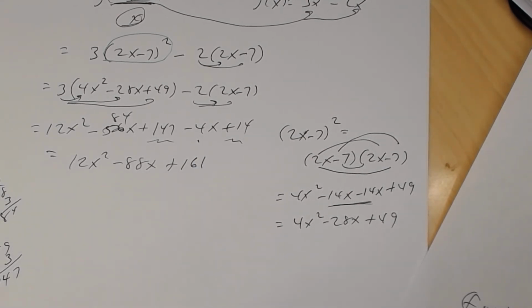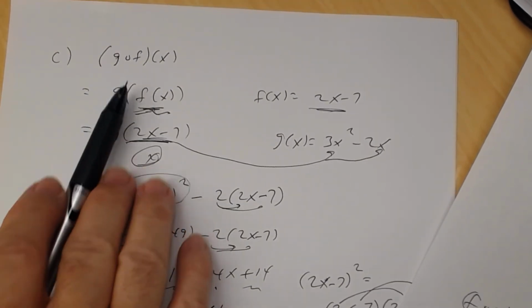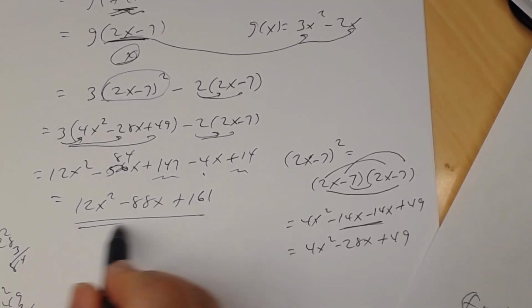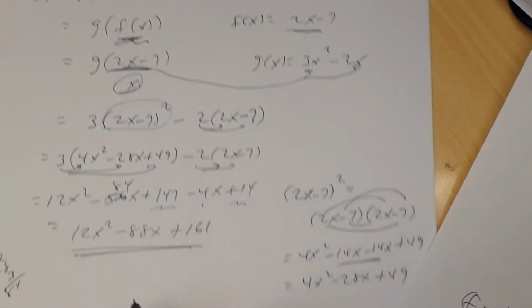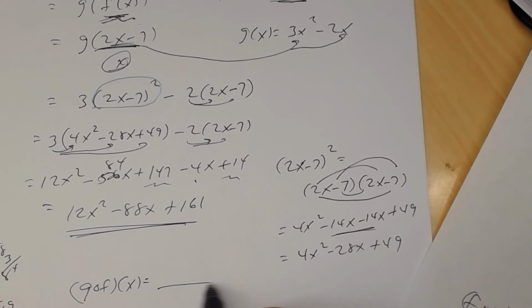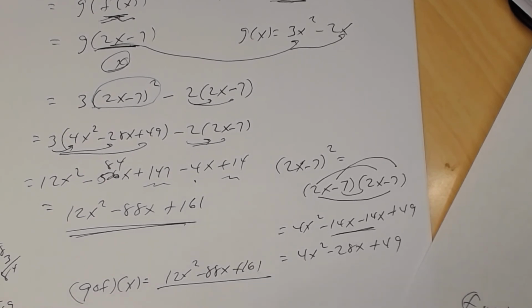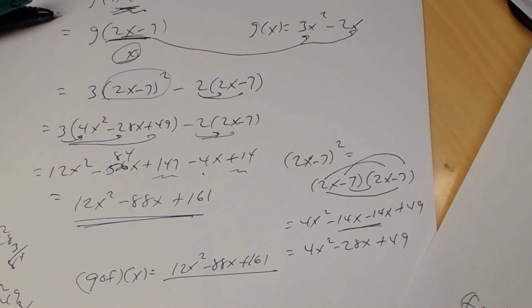All of that work right here is the answer to g composed with f at x. So in the blank you're going to put this trinomial, 12x squared minus 88x plus 161. So that is the composition of two functions.